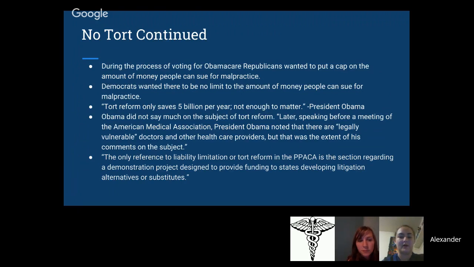Later, speaking before a meeting of the American Medical Association, President Obama noted that there are legally vulnerable doctors and other healthcare providers, but that was the extent of his comments on the subject. The only reference to liability limitation or tort reform in the PPACA is a section regarding a demonstration project designed to provide funding to states developing litigation alternatives or substitutes. Next slide.